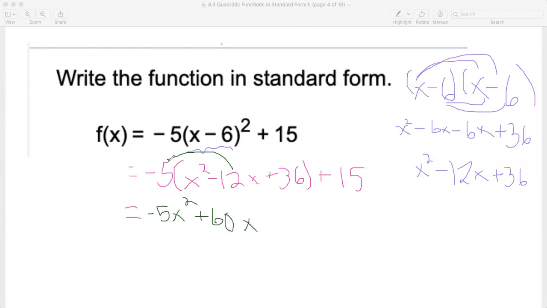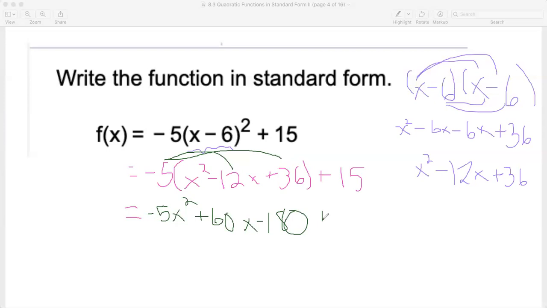And then, -5 times 36. I don't know that in my head. I think it's 180, but I'm going to use my calculator. 5 times 36. Oh, it's 180. When you get to geometry, 36 comes up a lot. So that's what tipped me off that it might be 180.